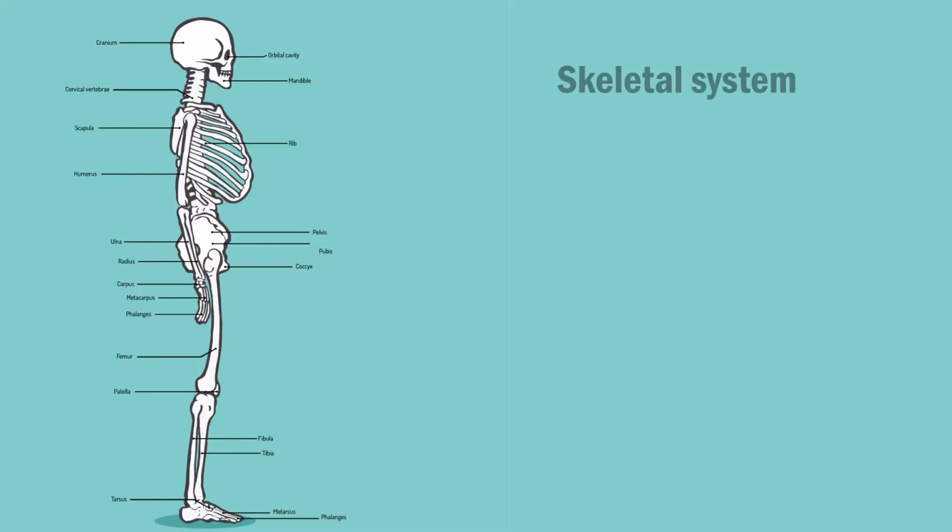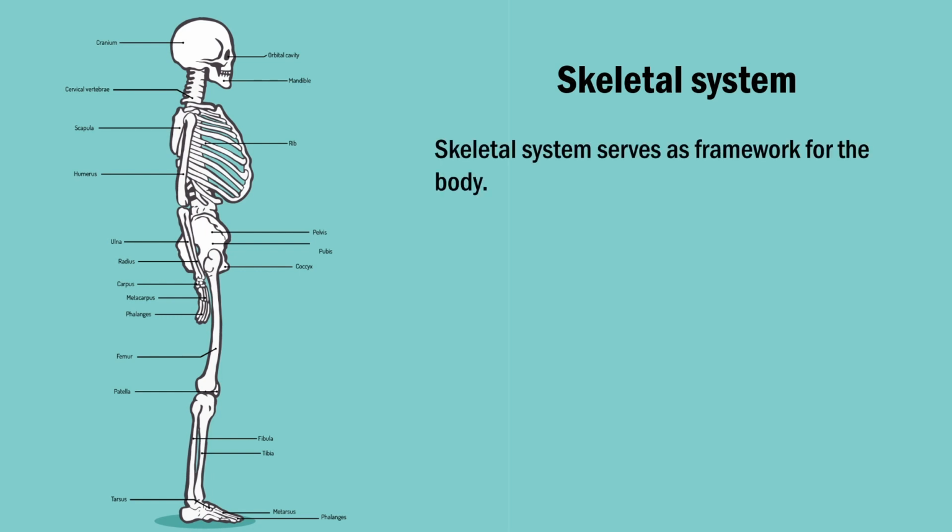Next, in this section, we will discuss in detail various organ systems of the human body. Firstly, we will see the anatomy and physiology of the skeletal system. The skeletal system serves as a framework for the body. It consists of bones, tissues and ligaments.